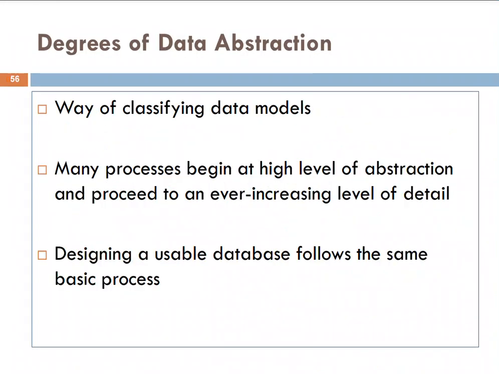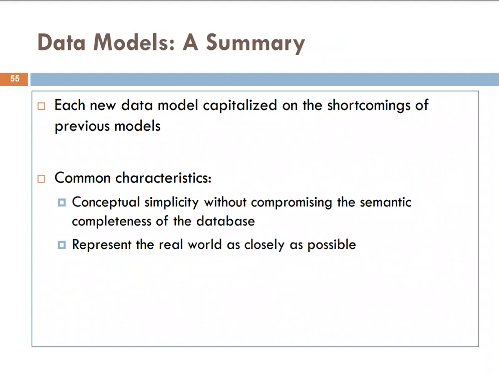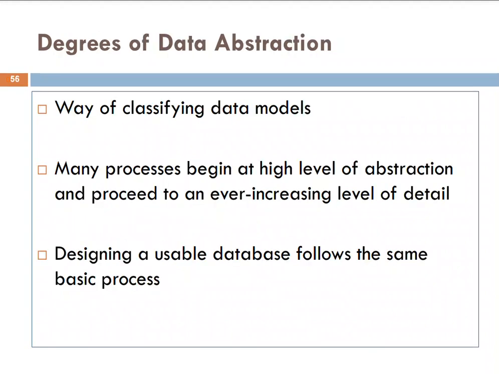Okay, next, let's look at degrees of data abstraction. This is a way of classifying data models. Many processes begin at a high level of abstraction and proceed to an ever-increasing level of detail. High level of abstraction ni maksudnya dia dalam bentuk yang simple.